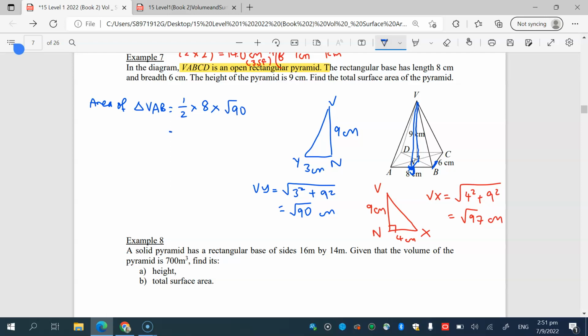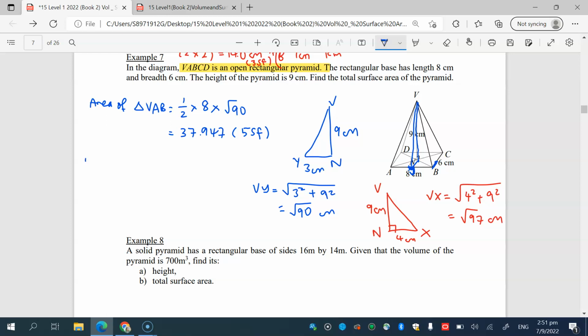And then if you press calculator, this will be 37.947 to 5 SF. Okay, and then you must realize there are two of those. So VAB is here, and then VDC is also the same area.